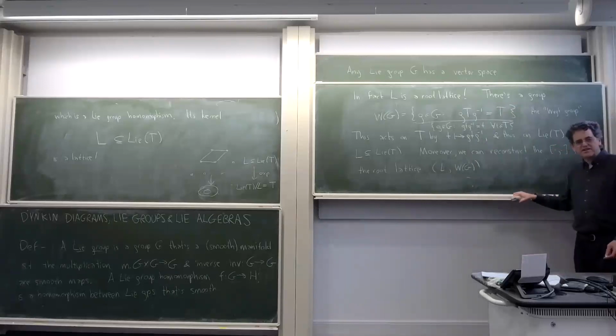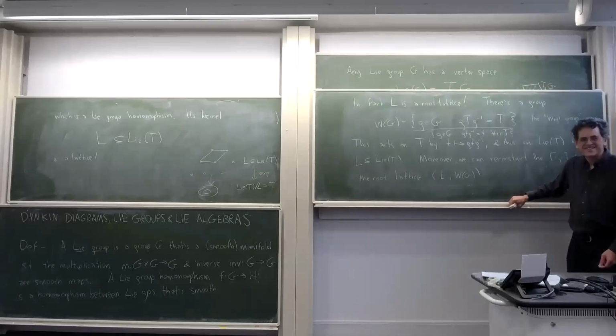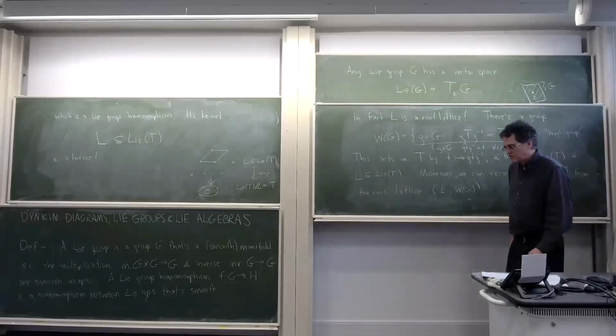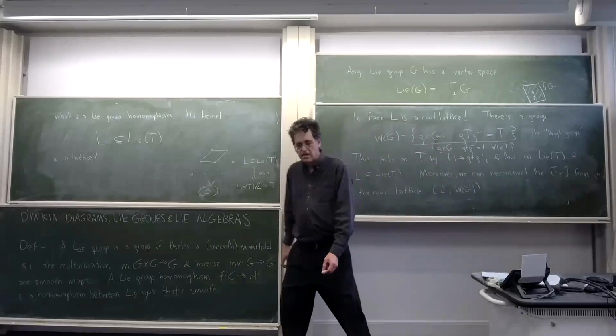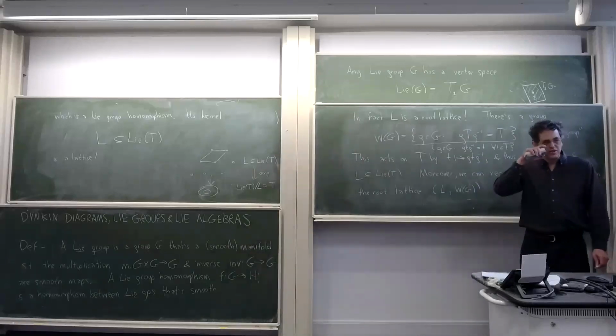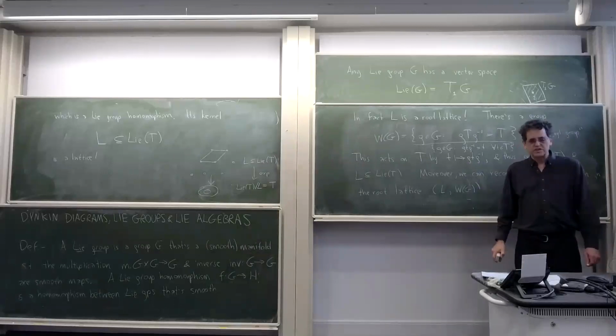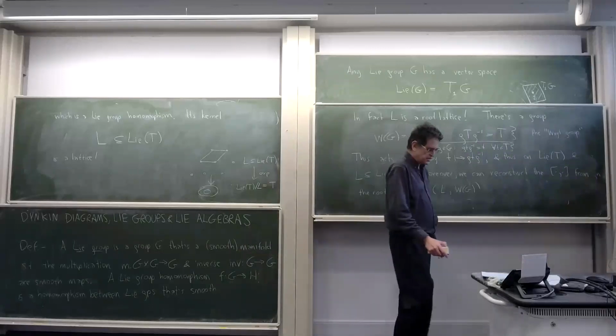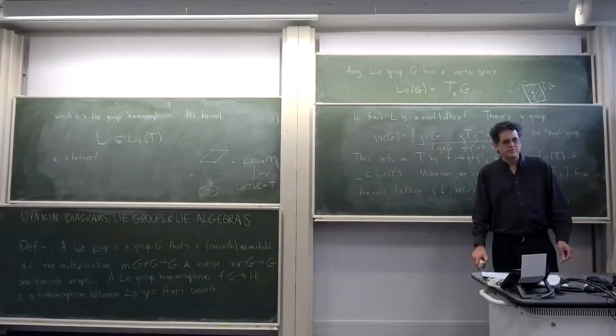Excuse me, you had some information on the previous board that I forgot the details of. Is there any condition on the group other than that its Lie algebra is a Lie algebra that you want? Because in the conventional sense, you have the adjoint form. I started out with a compact semi-simple Lie group, which I had defined to be one that was compact and whose Lie algebra was semi-simple.